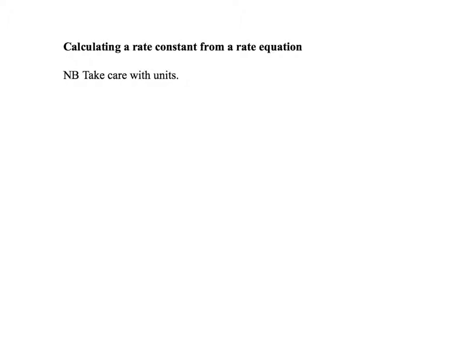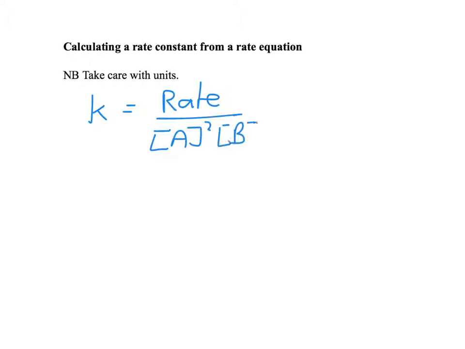And now often you'll have to calculate the rate constant k, so you need to be able to rearrange that equation. In the one that we've looked at, to find k, it's the rate divided by [A] squared [B].